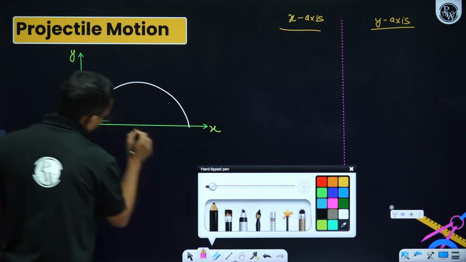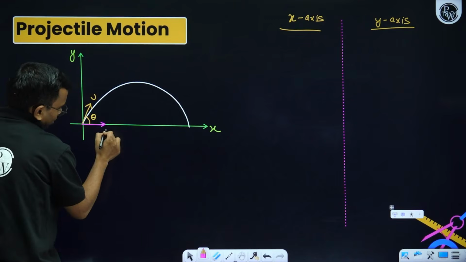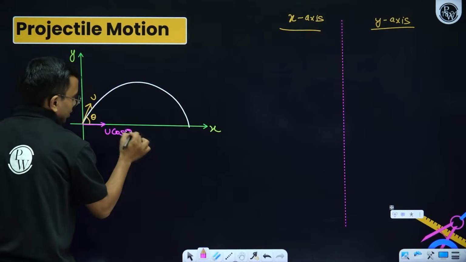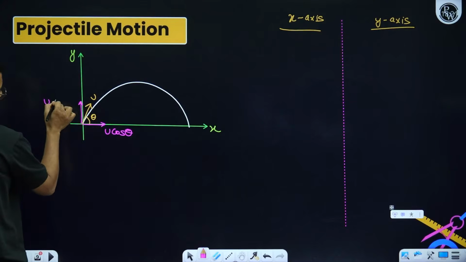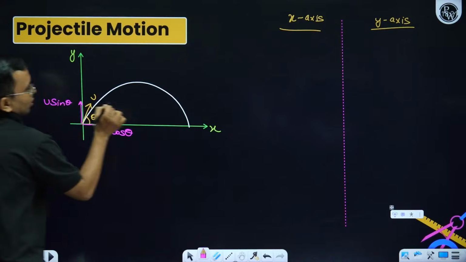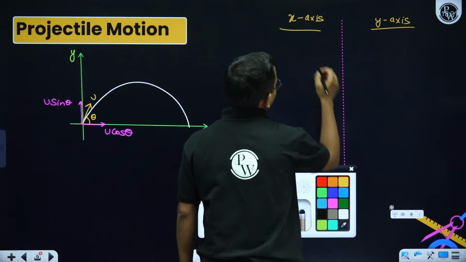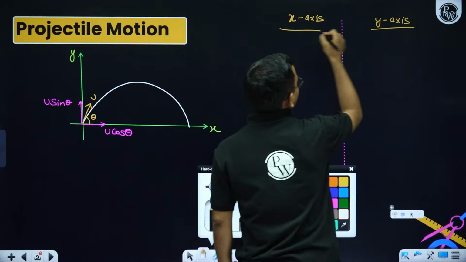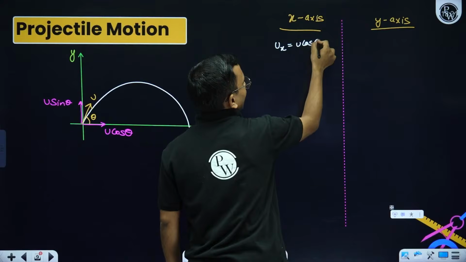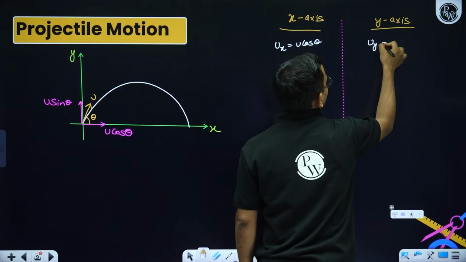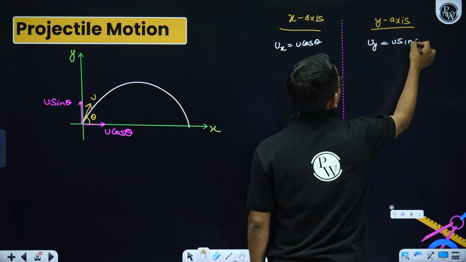Along the y-axis, what is the initial velocity? u sin theta, the vertical component. So along the x-axis the initial velocity is u cos theta, and along the y-axis the initial velocity is u sin theta.